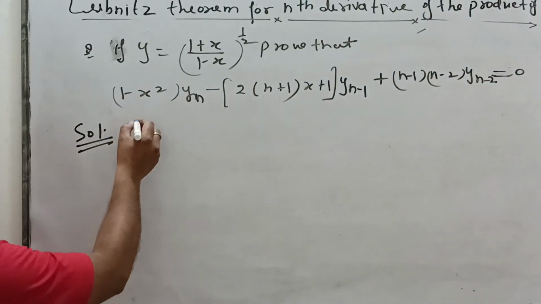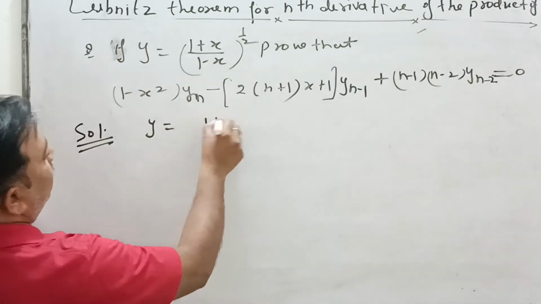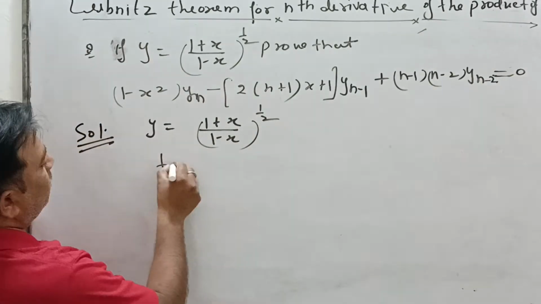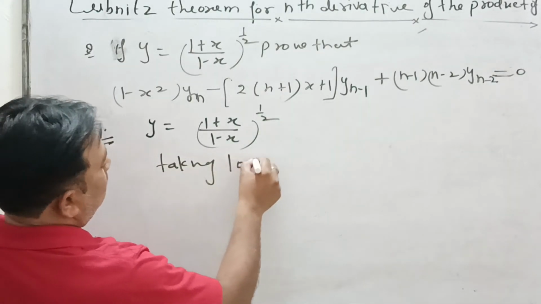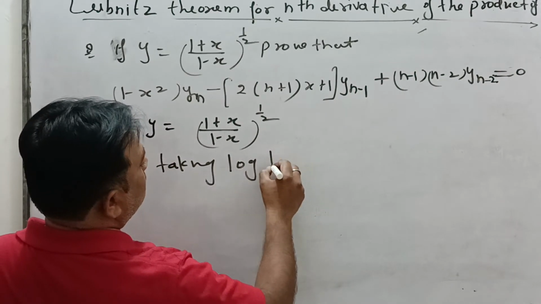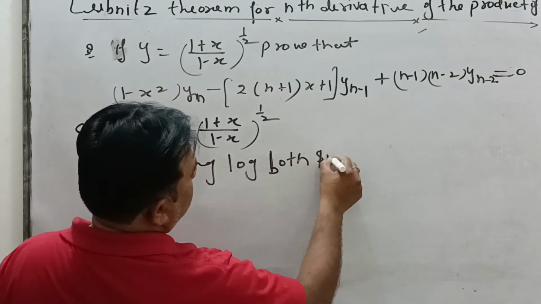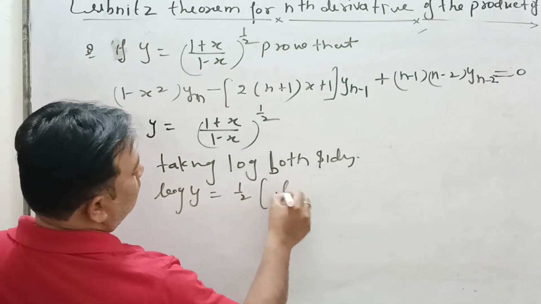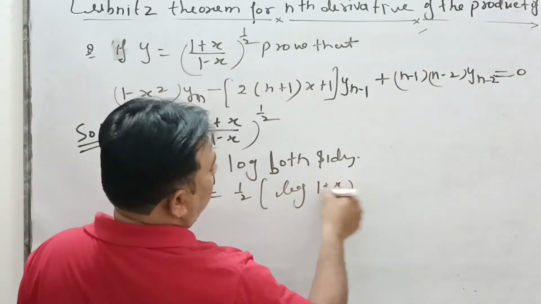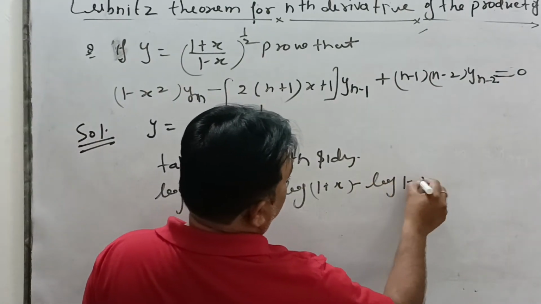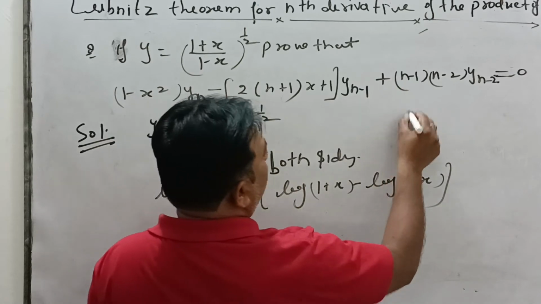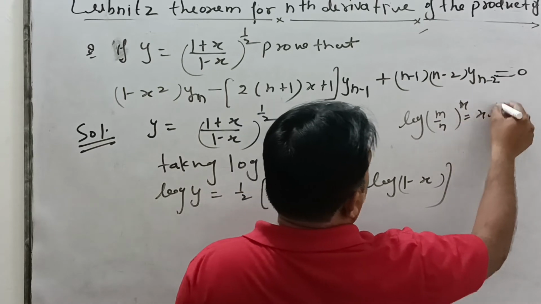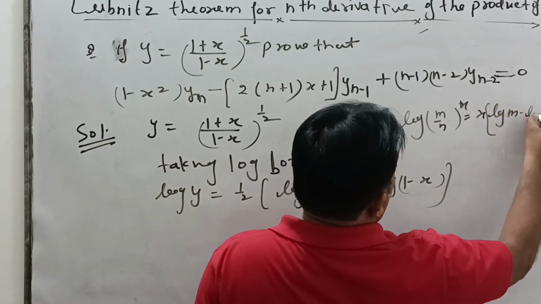So now, y equal to 1 plus x upon 1 minus x to the power 1 by 2, taking log both sides. So log y equals 1 by 2 (log of 1 plus x minus log of 1 minus x), by the property of log: log of (m upon n) whole to the power x is x times (log m minus log n).